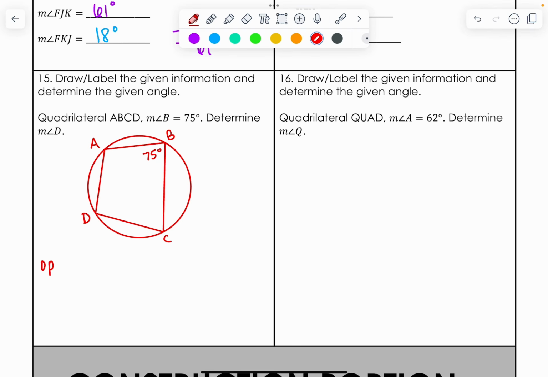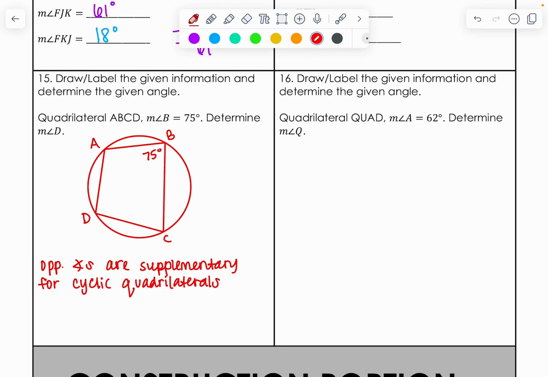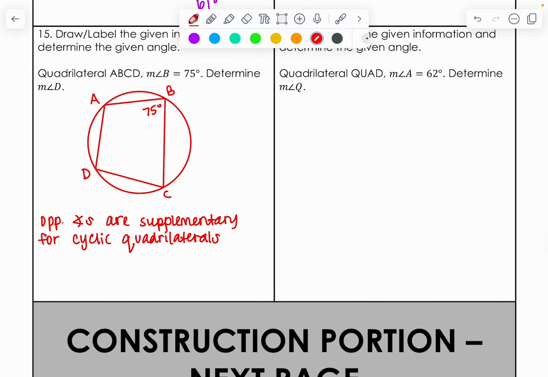So if this is 75 degrees, then this one over here is going to be the supplement of that.